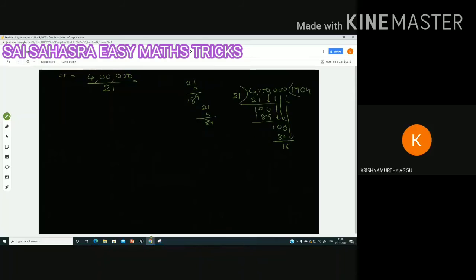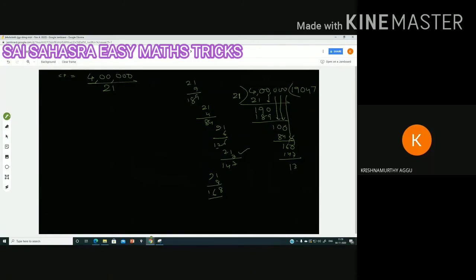So take down the 0. 21 five times, 21 six times, let us see. 21 six times is 126. 21 seven times is 147. 21 eight times is 168. 168 is crossing. So 21 seven times is 147. 160 minus 147 is 13 remainder, and 13 is not divisible by 21.